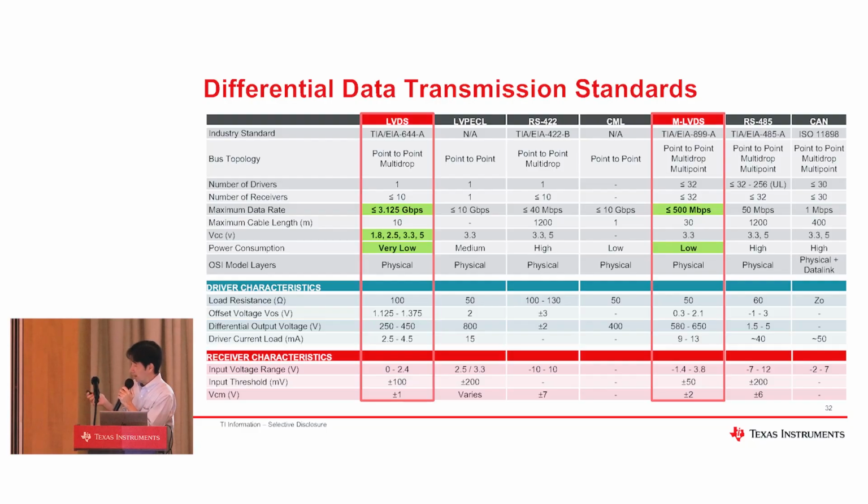Like you saw in the chart just now, LVDS and M-LVDS have very high, you can consider highest, data rate transmission compared to the most common standards like RS-485 or CAN.